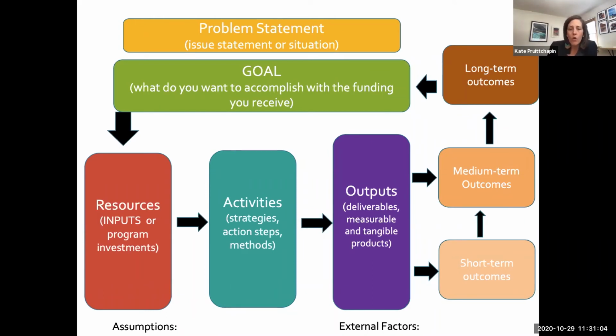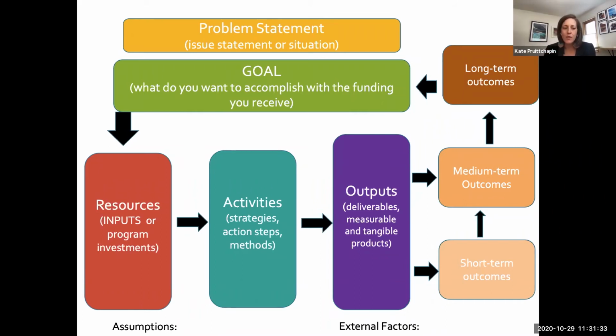So their goal was to establish a peer recovery support program that provided an additional option in the menu of support services, serving this vulnerable community population. So there's the problem, a lack of support services, and the goal was to establish this program.